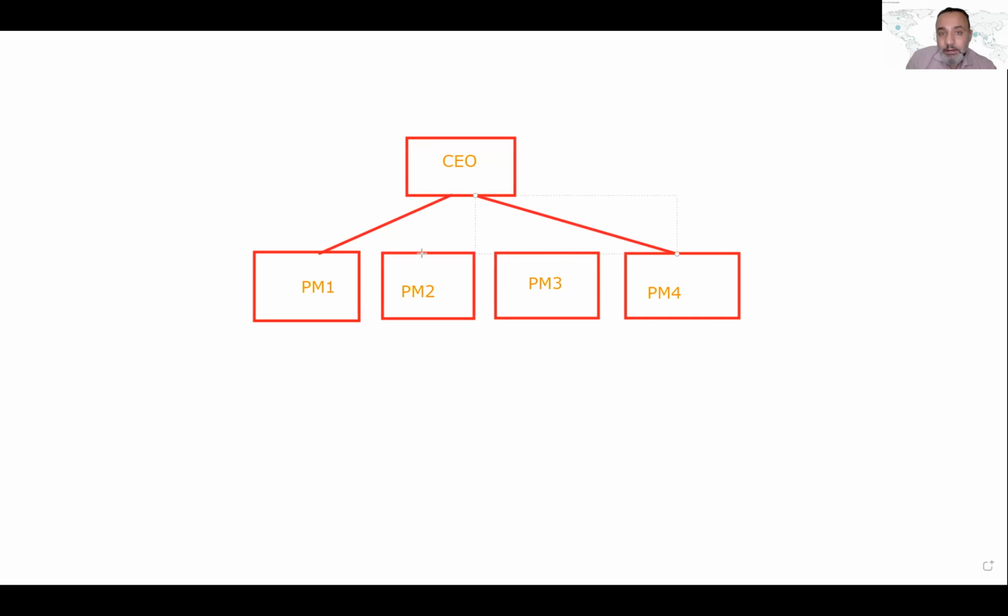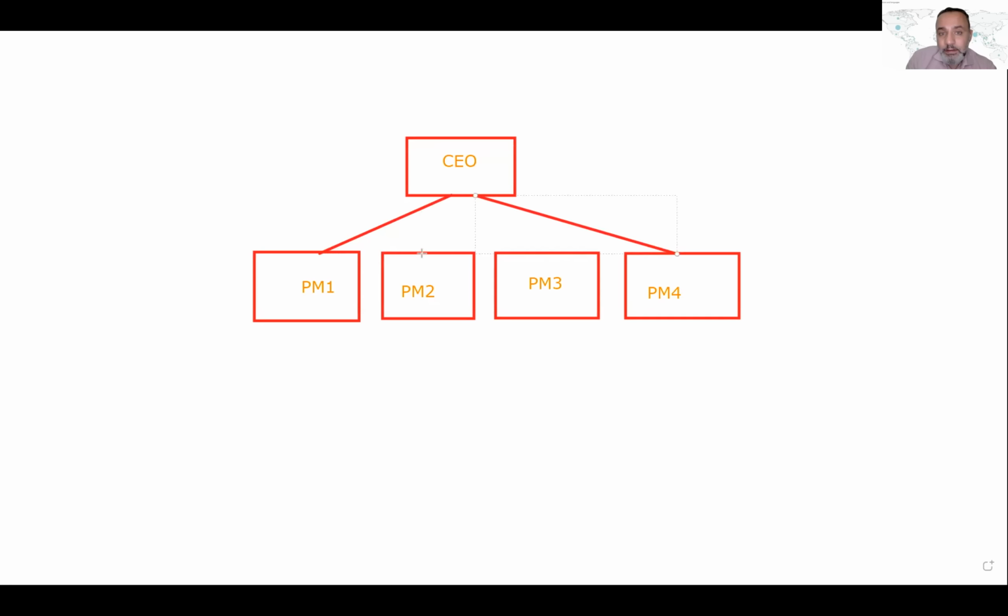You don't have here a matrix. You don't have here the problem of reporting to two bosses. You don't have here a cross-functional team. No, you have teams that are dedicated to their projects, okay? We don't have operation here, or if we have operation, then it will be something that is separate, okay?